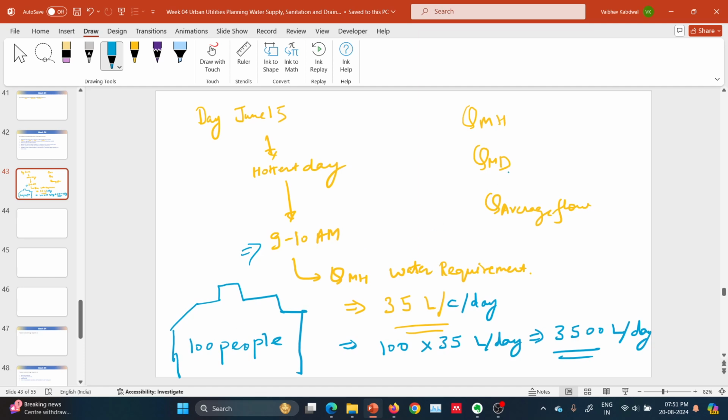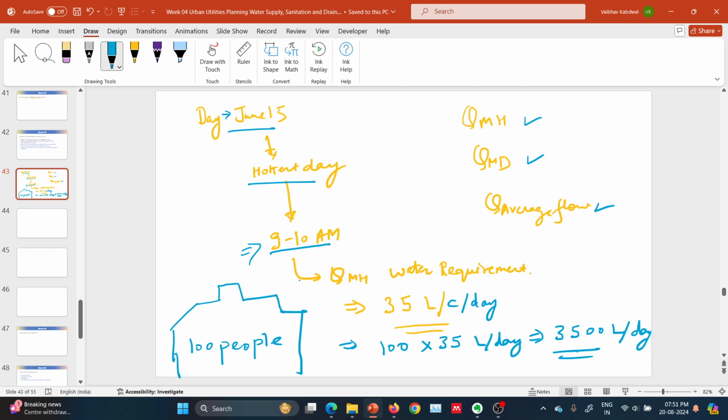So for a community we have maximum hourly flow, maximum daily flow, average flow. On the day of June 15th, that is the hottest day, at 9 to 10 p.m. the maximum water requirement per hour was observed as 35 liter per capita per day. So for a community of 100 people, this much water is required.